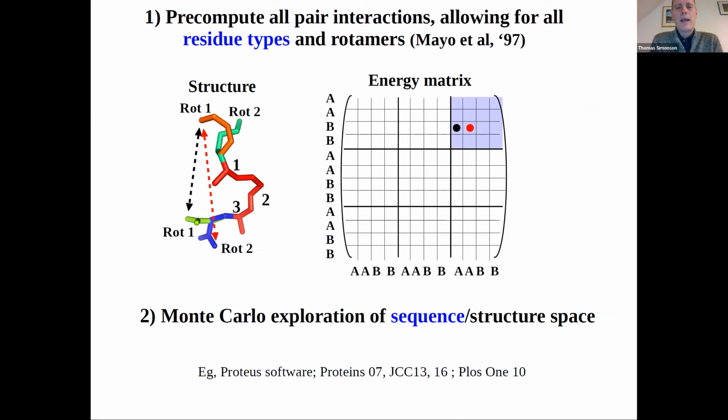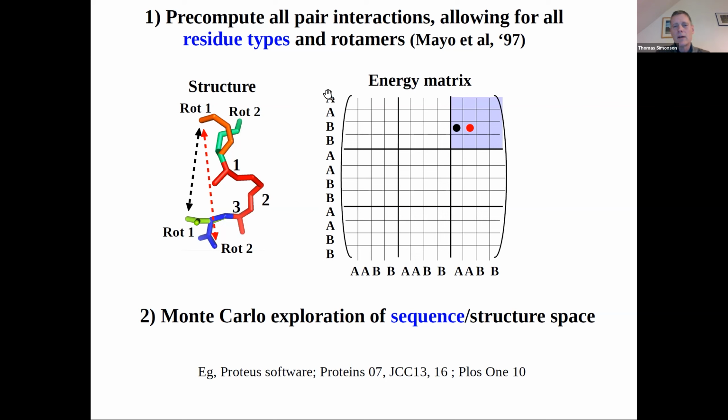With a discrete space, we can in principle pre-compute all the pair interactions. These are old ideas going back at least to Steve Mayo's work. If we have, let's say, a protein with 3 residues here, we can set up a 2D table where along the edge here, we put the 3 amino acids, 1, 2, 3. In my example, each amino acid can have 2 types, A or B, and each type can have 2 rotamers.